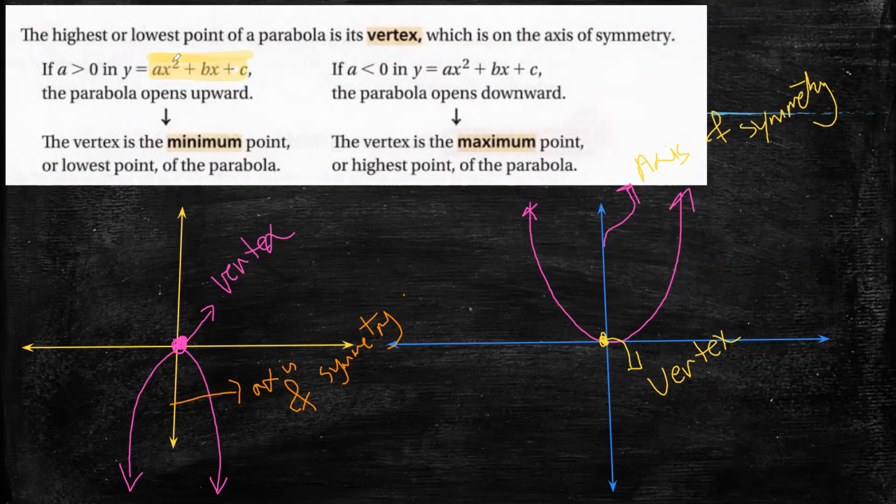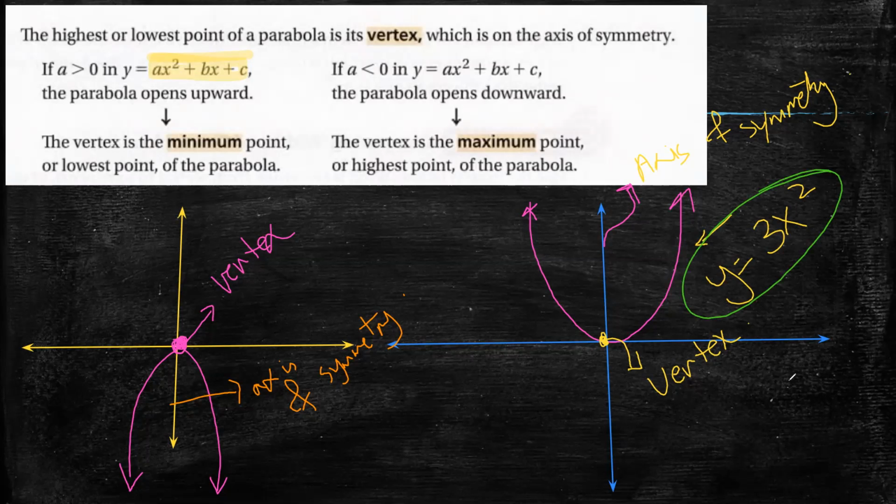Now, since a is positive, like 3x squared, or 4x squared, if a is positive, the parabola opens upward like this one here. Here, it is for y equals 3x squared.